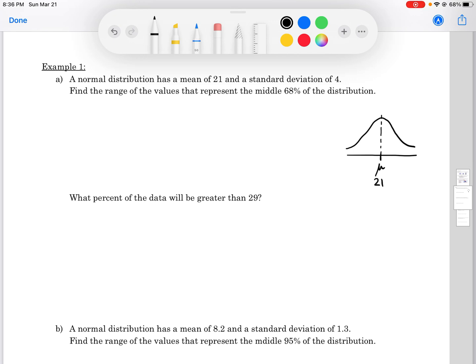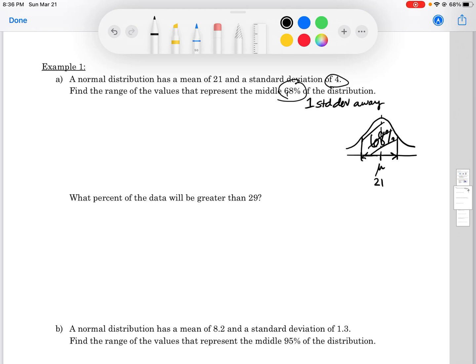Our standard deviation is 4, and we want to find the range of values that represent the middle 68%. That means one standard deviation away in both directions. So we want to move one standard deviation to the right and one to the left, and that space in here is going to be 68%.